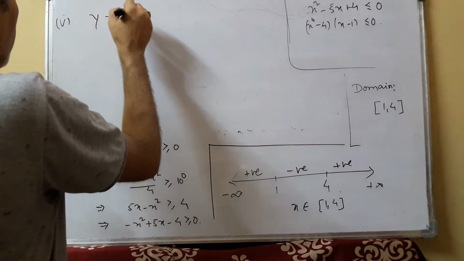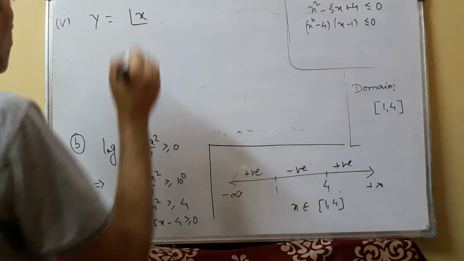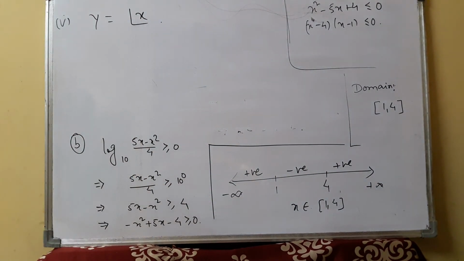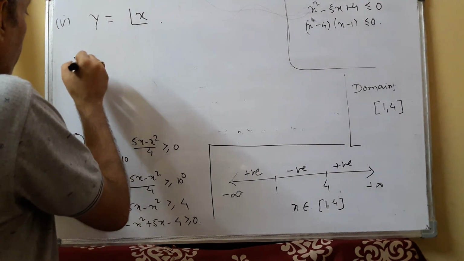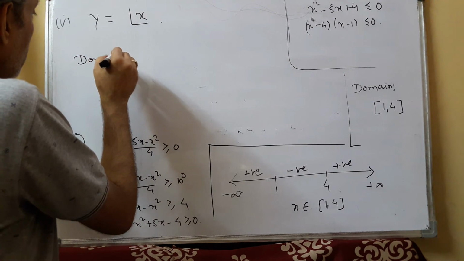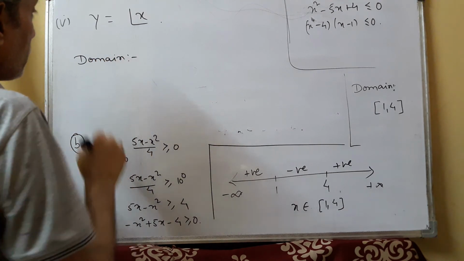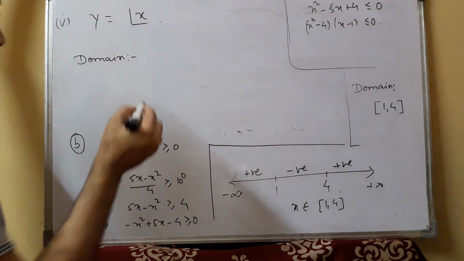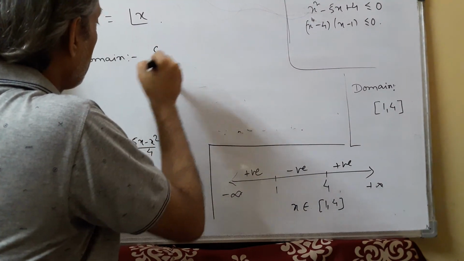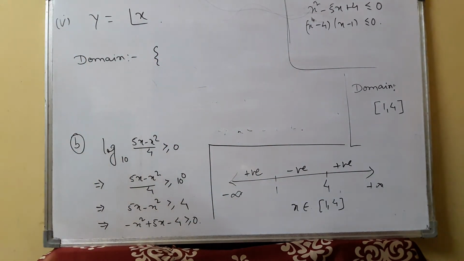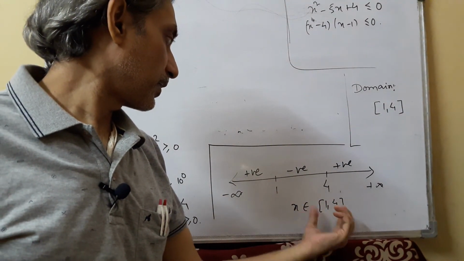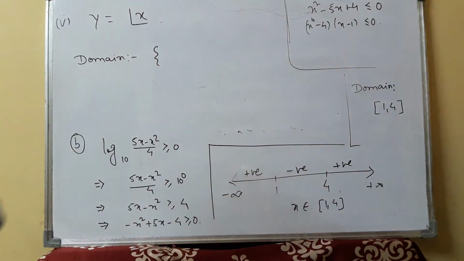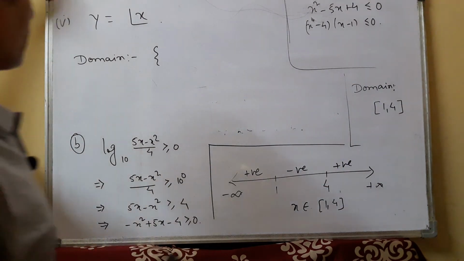Now y equal to factorial x, what will be the domain? So very simple one. What will be the domain? Think for a while. What are the values of x that you can take here? In all of these cases, we are getting infinitely many values, and that too continuous values, like 1 to 4 in intervals.